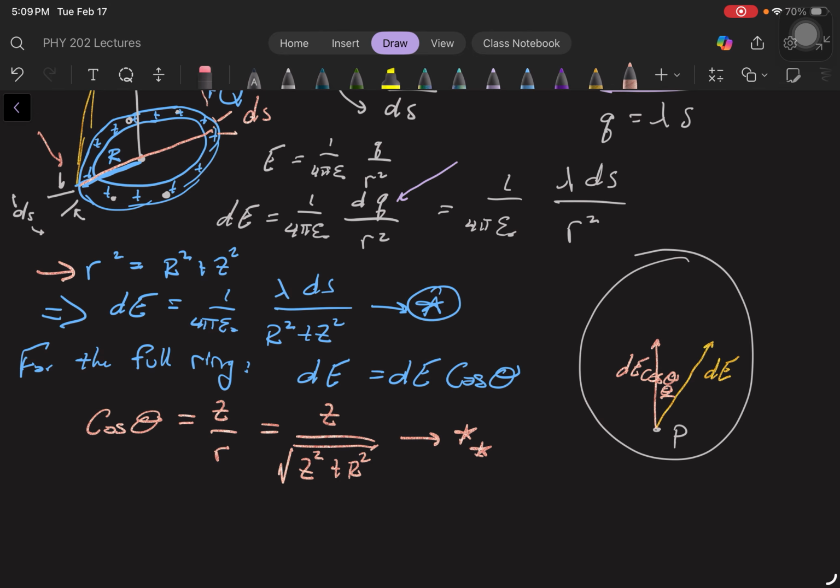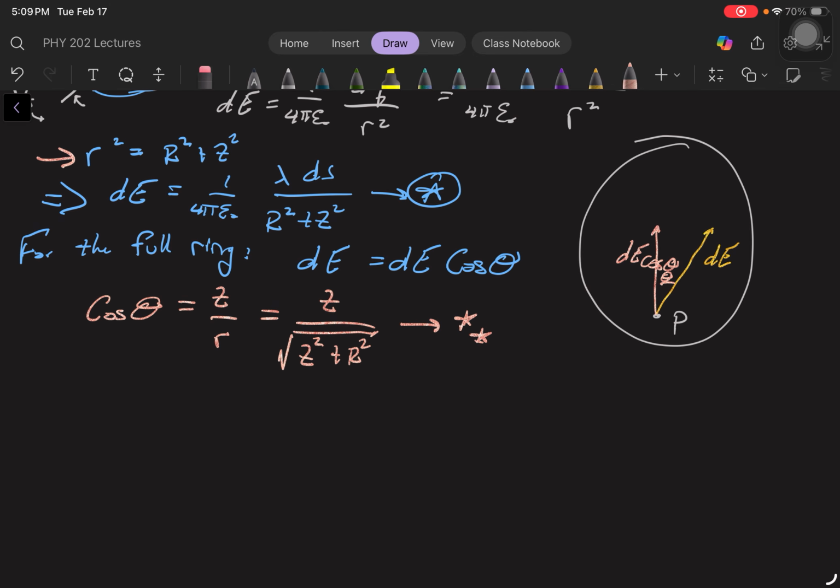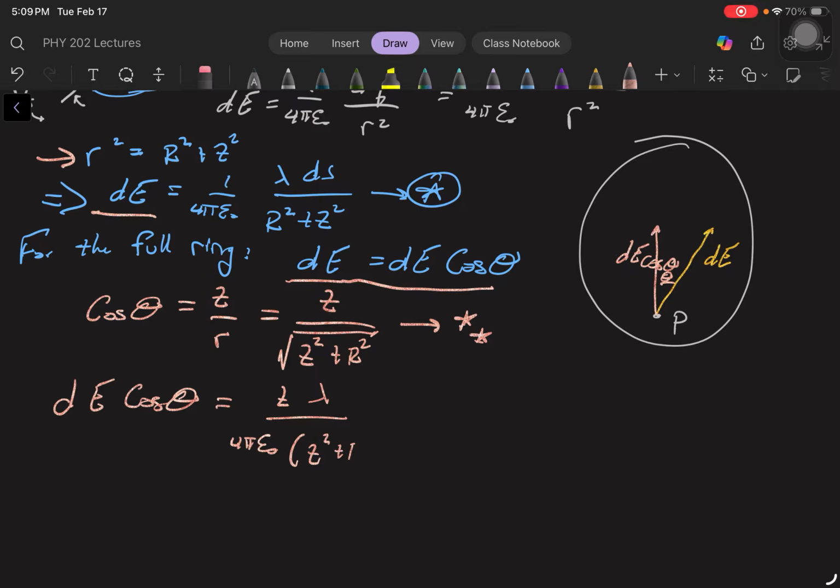And so if we put together dE cosine theta along with this, we get dE cosine theta is equal to Z lambda over 4 pi epsilon naught times Z squared plus R squared to the 3/2, because we have the 1/2 from here, and then we have just the 1 here, so you get the 1 times the half, you get 3/2, right?